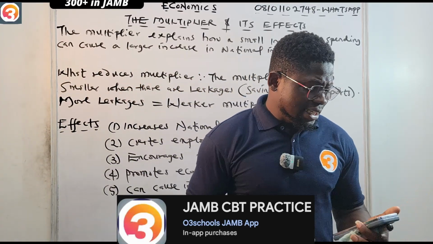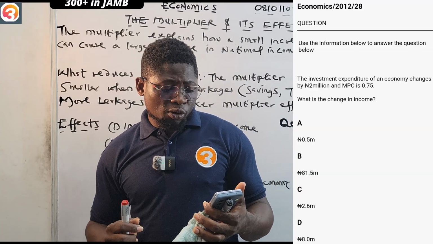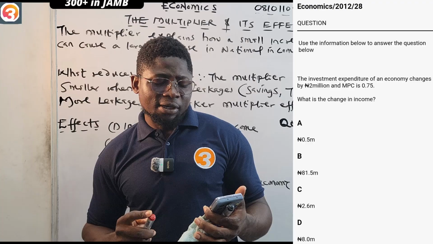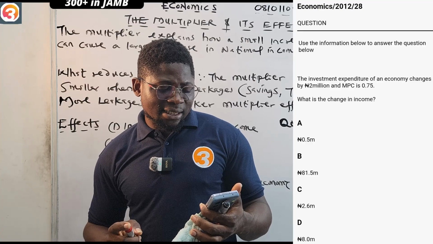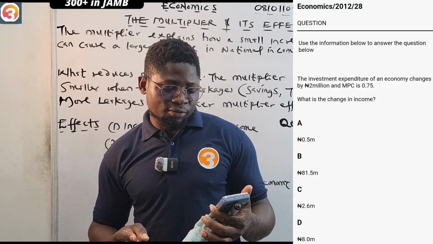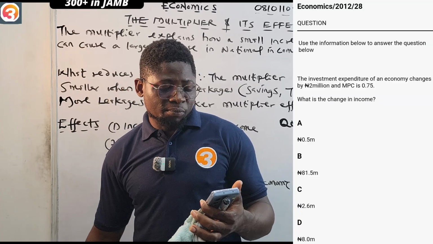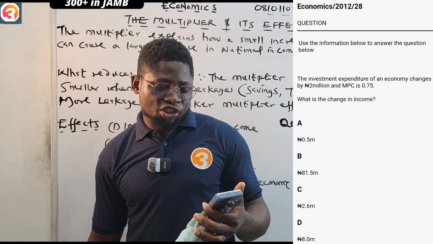It says to use the information below to answer the question. The investment expenditure of an economy changes by 2 million and the marginal propensity to consume is 0.75. What is the change in income?